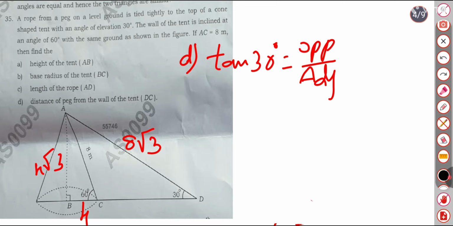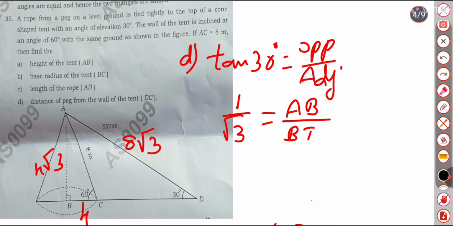Tan 30 value is 1 by root 3, equal to opposite AB by adjacent BD. 1 by root 3 is equal to 4 root 3 by BD.